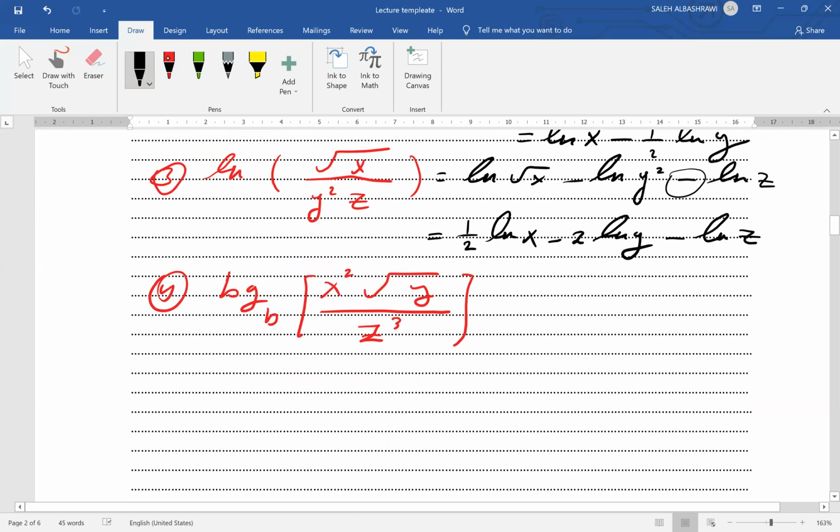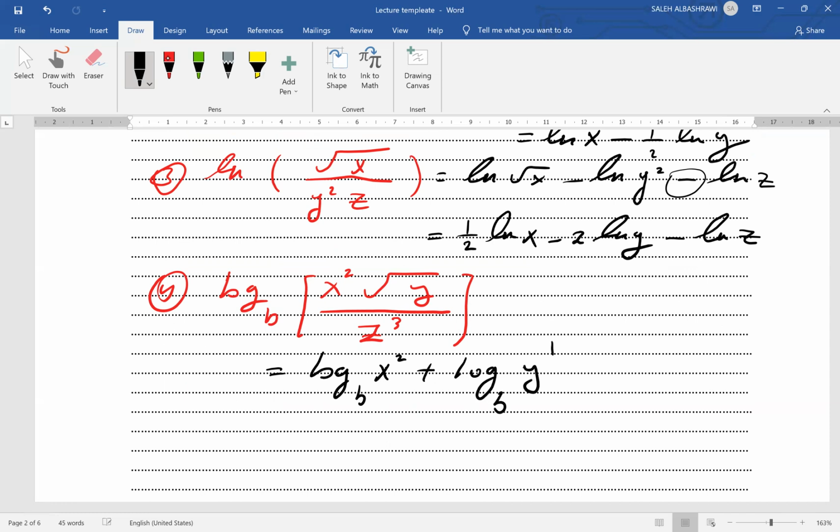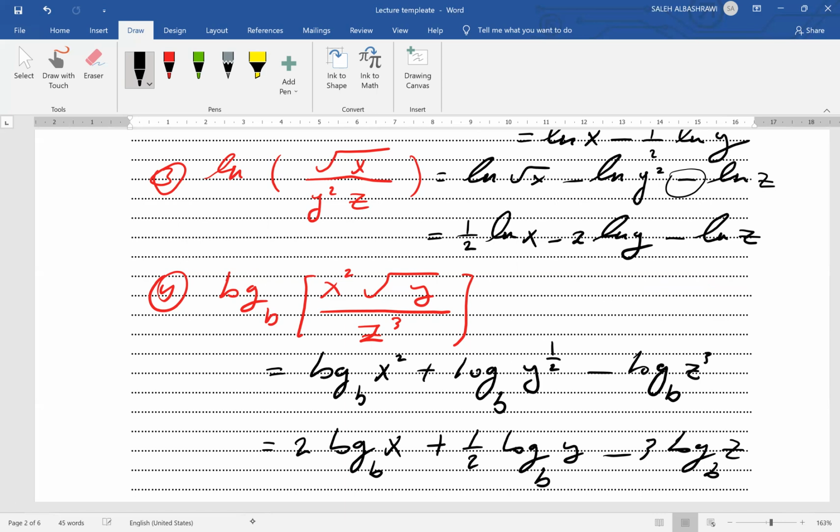This is equal to log b of x squared plus log b of y to the power 1/2 minus log b of z to the power 3, which is equal to, now using the power property, 2 log base b of x plus 1/2 log b of y minus 3 log b of z.